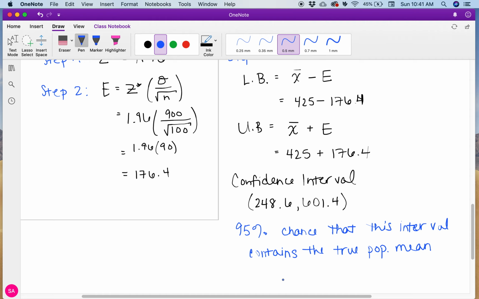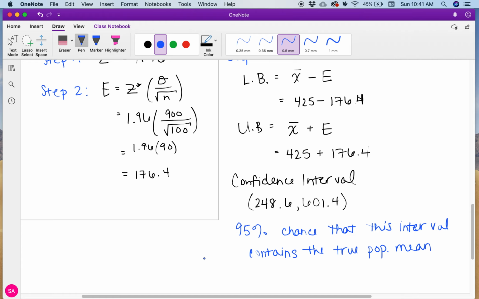Because once again, this is all about using sample statistics to estimate population parameters, which we don't always have. And providing a range of values is a little bit better than providing exactly one value, right? We're more likely to be correct if we provide a range of values. And we are 95% sure that this interval will in fact contain the true population mean.